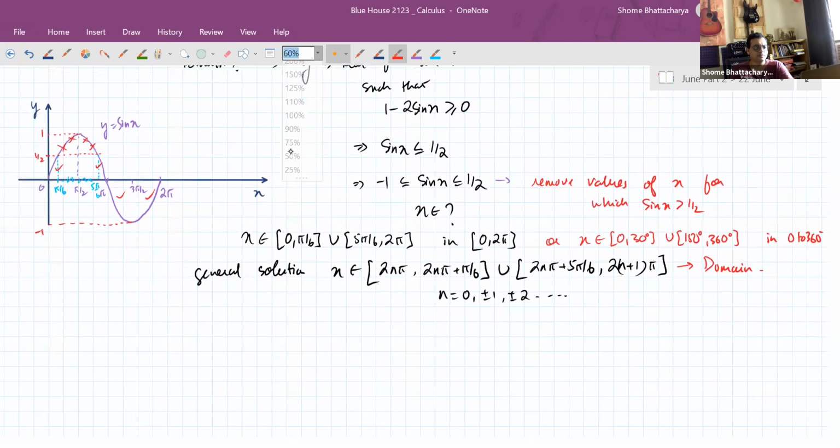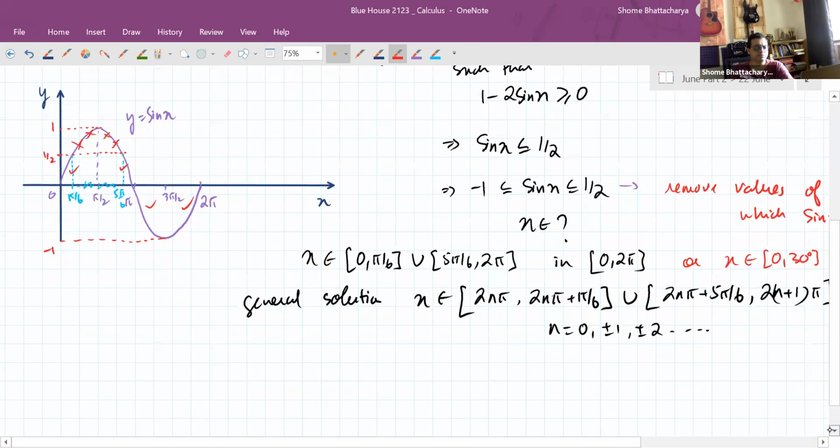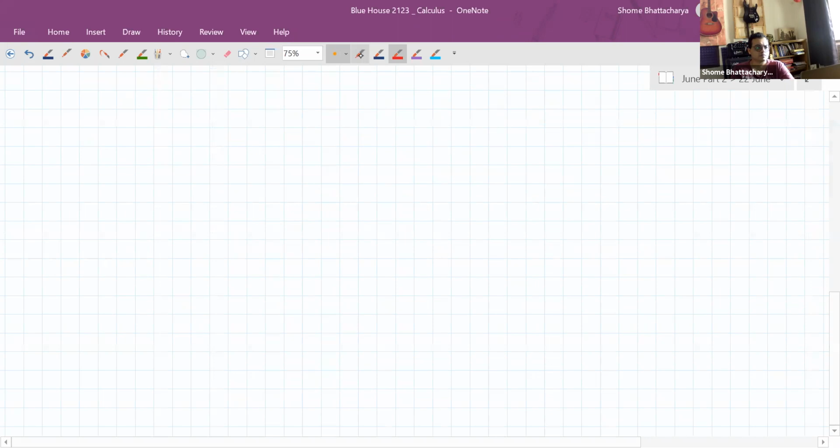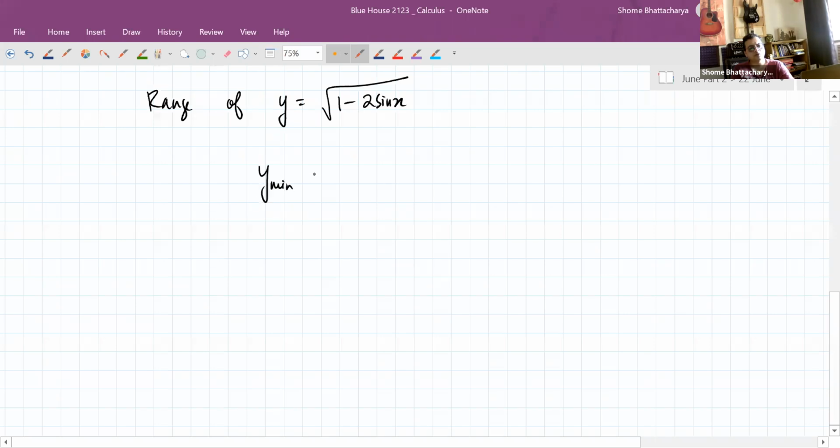Now let's come to the range. Now for range, we have to look at the maximum and minimum value of y, and that's pretty simple. So for the range of this function, we have to see that y's minimum value will correspond to the square root of this thing's minimum value. Now 1 minus 2 sin x, what is the minimum value it can have?